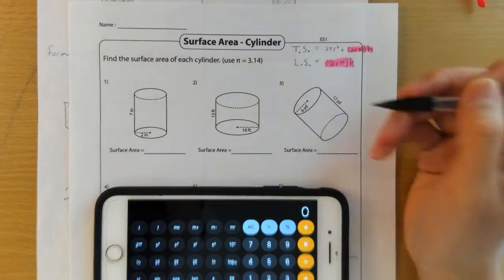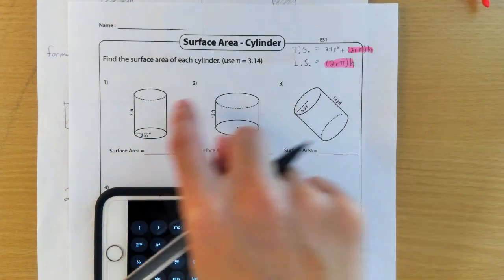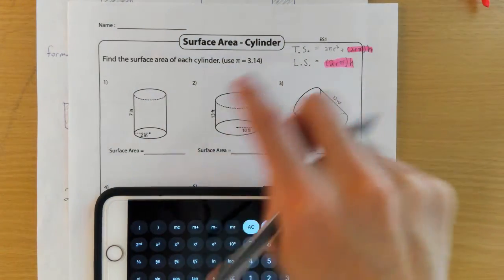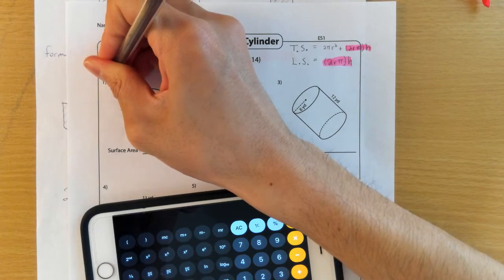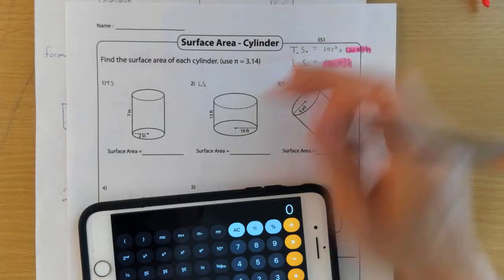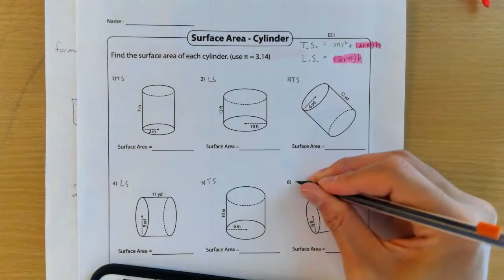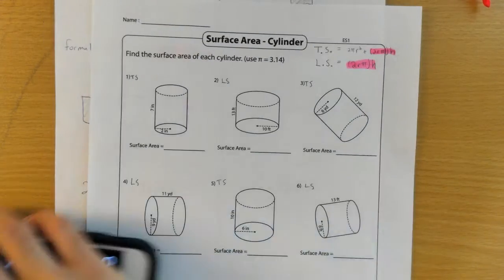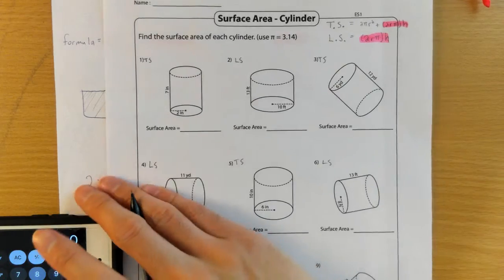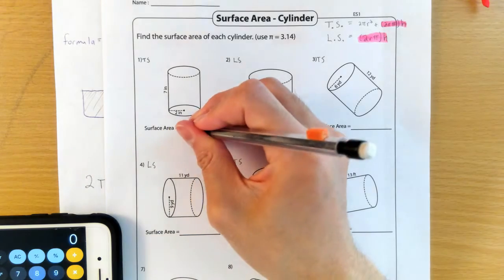Okay, we'll start off by doing all the odds for total surface area, and all the evens I'm going to do lateral surface area. So I'll just label right next to the number TS, LS, TS, LS, TS, LS, so you know what we're doing. So number 1, total surface area. This is just a matter of using the formula and knowing how to plug it into the calculator.